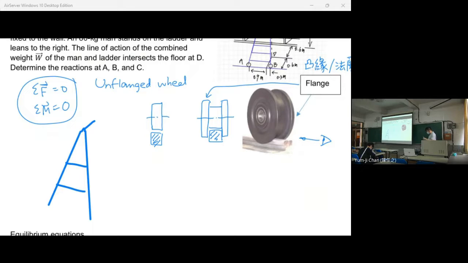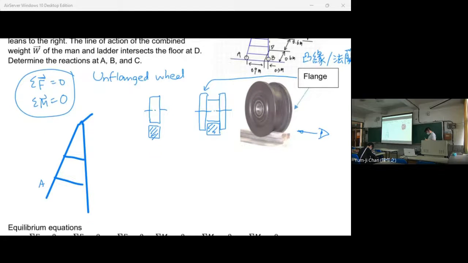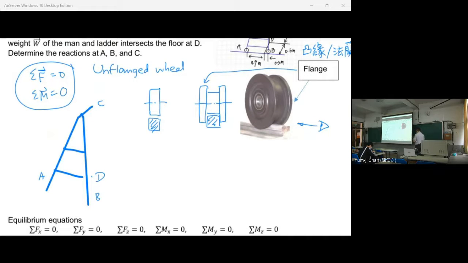We have points A, B, and C, and D somewhere here. Now, we have flange wheels at A and B.